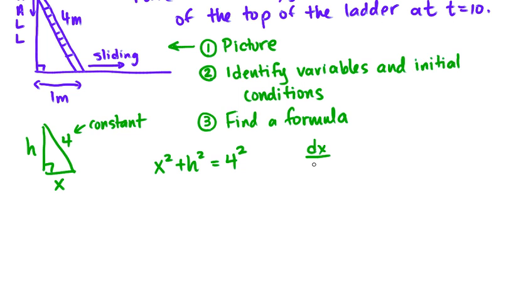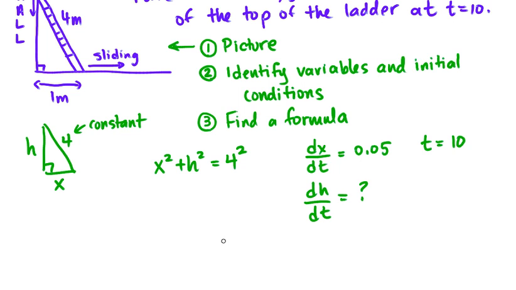So one variable that I have is the change in x over time, dx/dt, is equal to 0.05. Another one that I want to find out is how fast h is changing. I also know other conditions, like time needs to be 10, and I've got a constant 4 on one side that helps me with the formula.